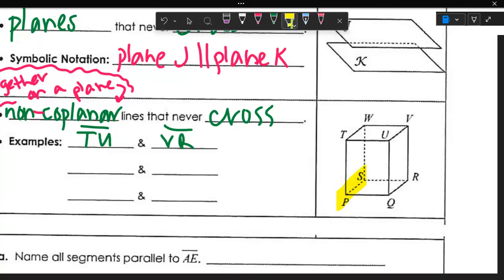We could say UQ. And the last pair of segments that we could say, there are tons of examples on here, but we're just looking for 3 examples. Starting with WT, we could say SR.